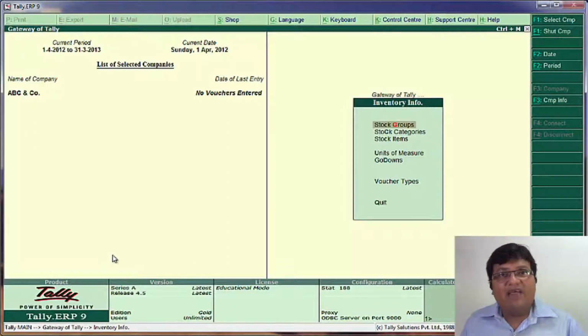Similarly, I may have a 32-inch LCD TV, right, which will then become a part of my Sony group. So when I see the report and I say, okay, show me the televisions which are there for Sony, it will show me 29 inch and 32 inch. Clear? So my stock items having similar nature or behavior will be categorized into one stock group.